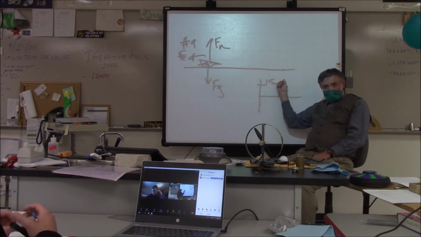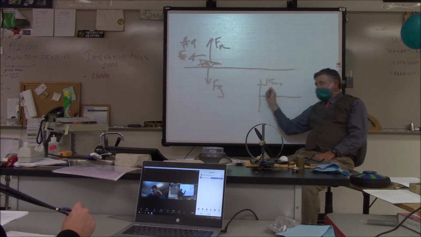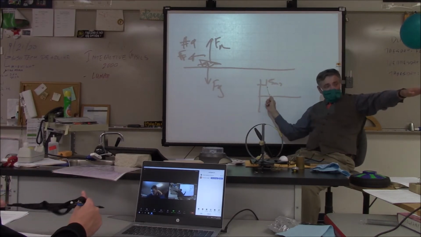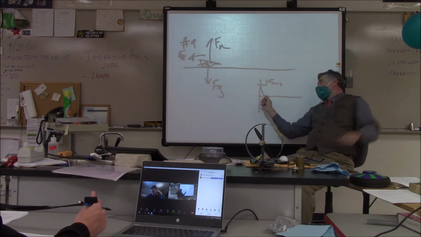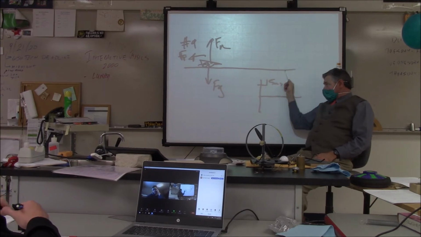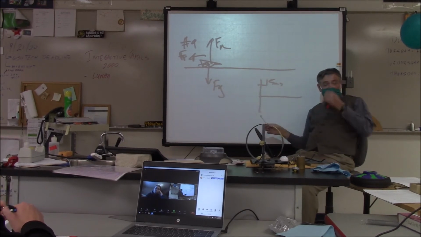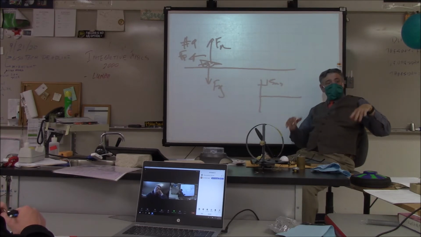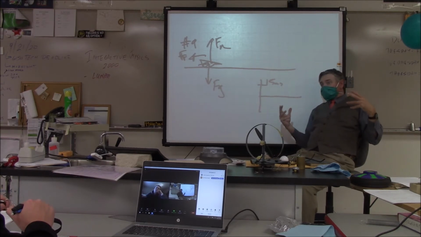It could go up, meaning that the car is going to go faster. It could be a horizontal line indicating that we're not accelerating and all the forces add up equal to 0. Or it's going to slope down and approach 0. So anytime you have a velocity time graph that's not a horizontal line, that means it's accelerating. That means that the forces don't add up equal to 0.